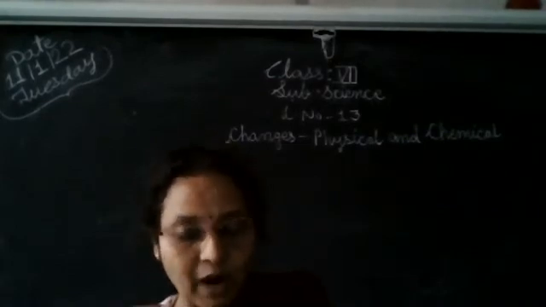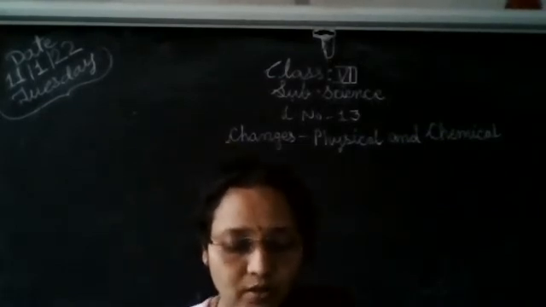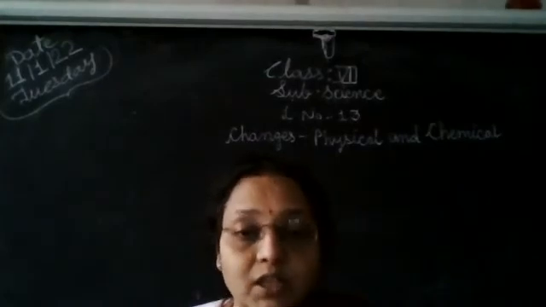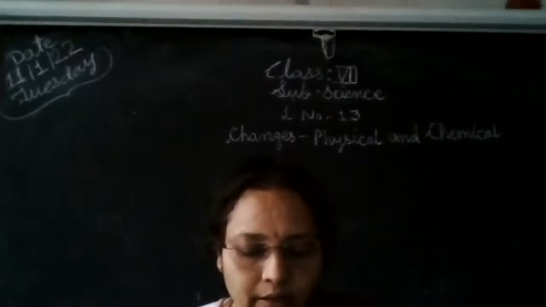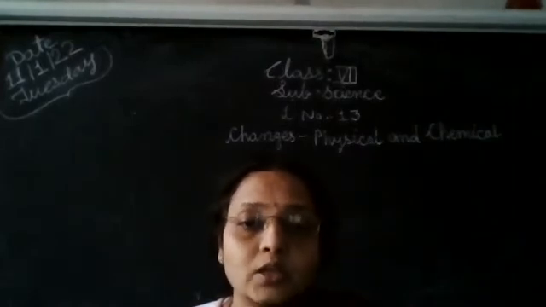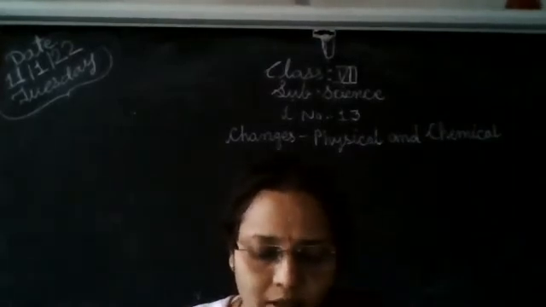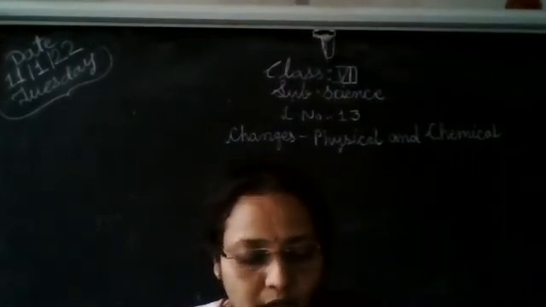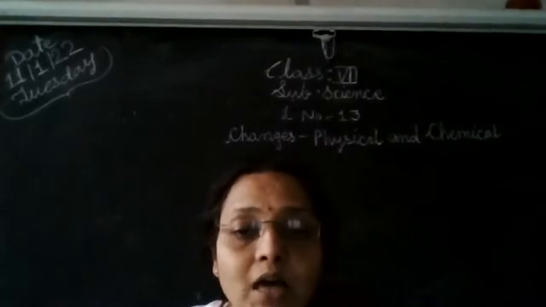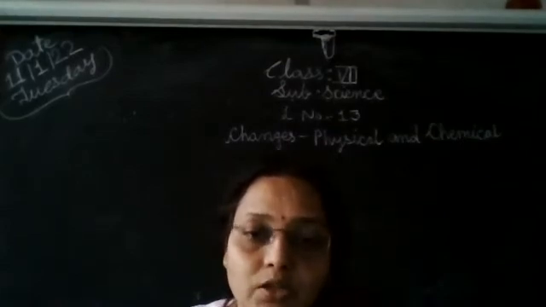So boiling of water is a physical change. Melting of ice is also a physical change. Dissolving is also a physical change. So dissolving, melting, and boiling are all examples of physical change.